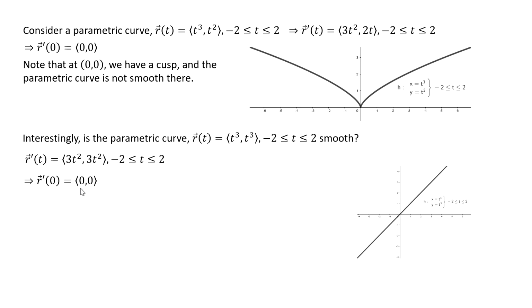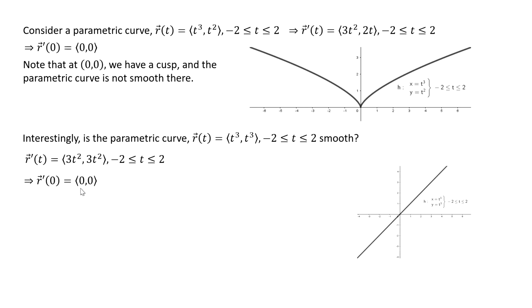In fact, if you want to try r of t equals t cubed comma t to the 6, where x is t cubed, y is t to the 6, which is the same as y equals x squared, you get a parabola. At t equal to 0, how does that look? Well, as a regular parabola, y equals x squared, there is no issue with the smoothness.